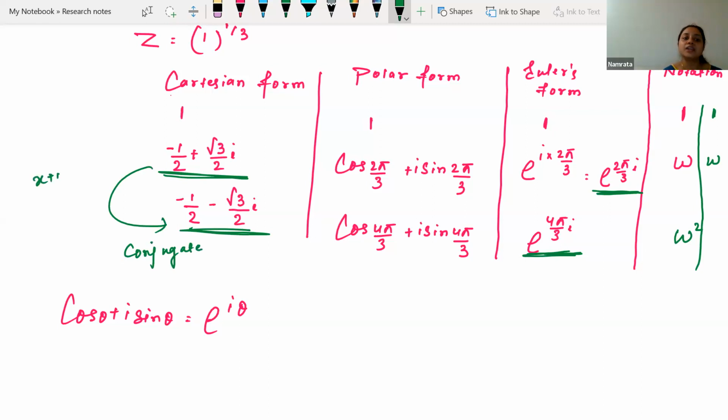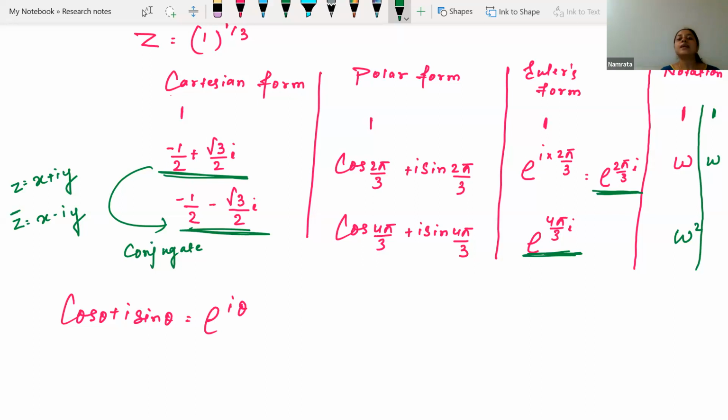If you have x plus iy, then x minus iy is the conjugate of that. If you have a complex number z, that is x plus iy, then z bar means conjugate, and it can be written as x minus iy. Yes or no? Yes, ma'am. So does it look like they are conjugates of each other? Yes, ma'am.